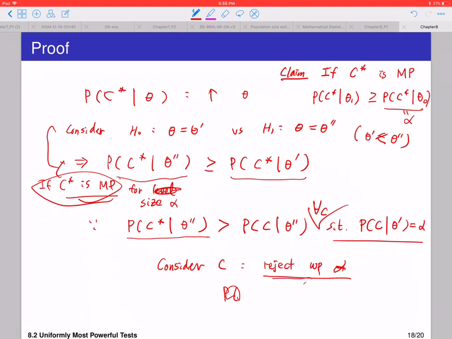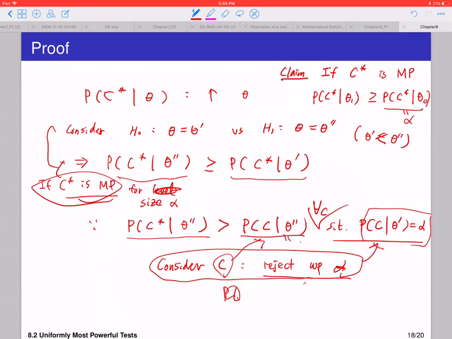Then this one satisfies the level alpha condition, and so that means this particular one has power alpha, because regardless of the null hypothesis parameter, the probability of rejection is alpha.